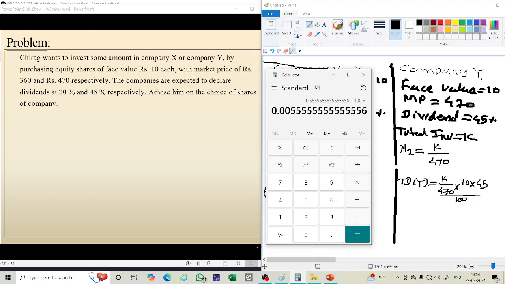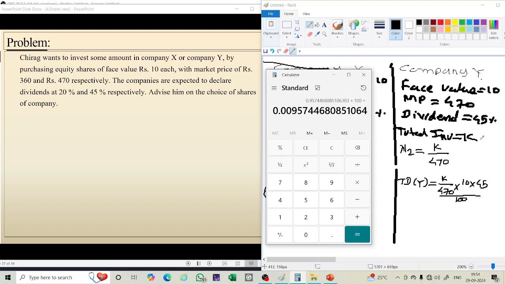Now also we calculate the total dividend of Y. See here 10 into 45 is 450 divided by 470, divided by 100.